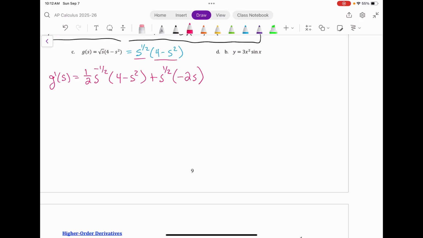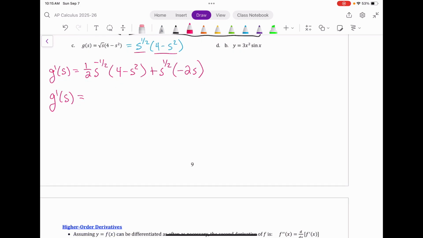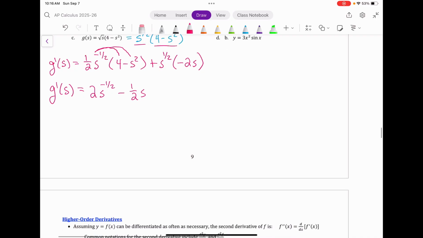All right, so let's distribute here. What is that? 2s to the negative 1/2, and then here, minus 1/2. We're multiplying a common base, so we add the exponents with the s's. So 2 plus negative 1/2 is 3/2.